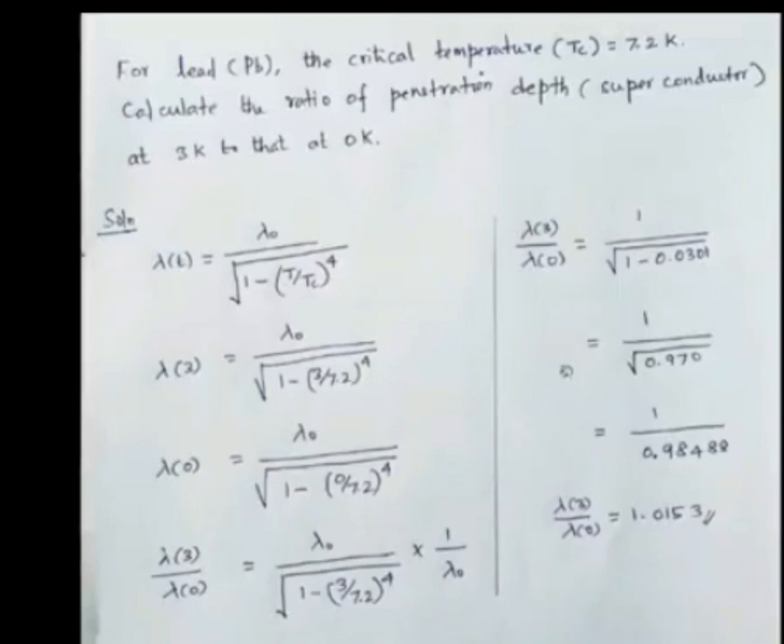Therefore the ratio of penetration depth at 3 Kelvin to 0 Kelvin, lambda of 3 divided by lambda of 0, will be equal to 1.0153. This is the ratio of London penetration depth at 3 Kelvin to 0 Kelvin in the case of lead, which has a critical temperature of 7.2 Kelvin.